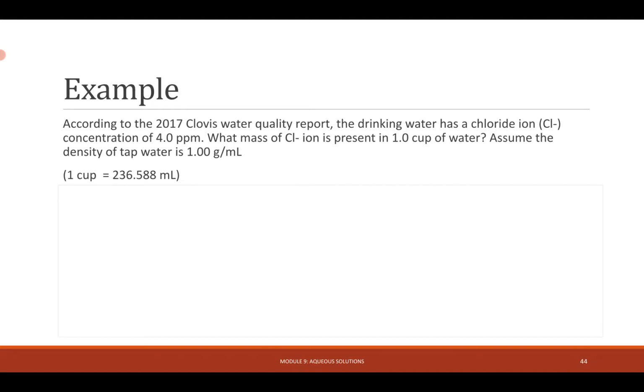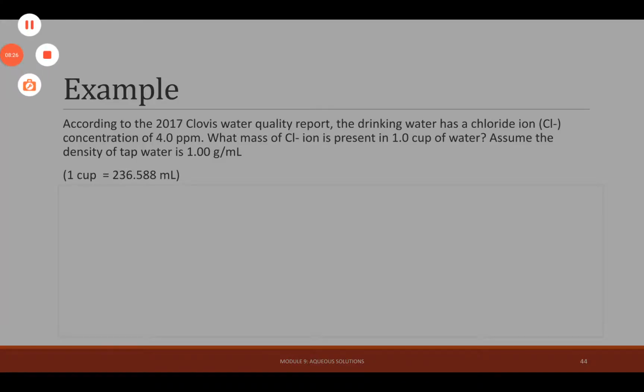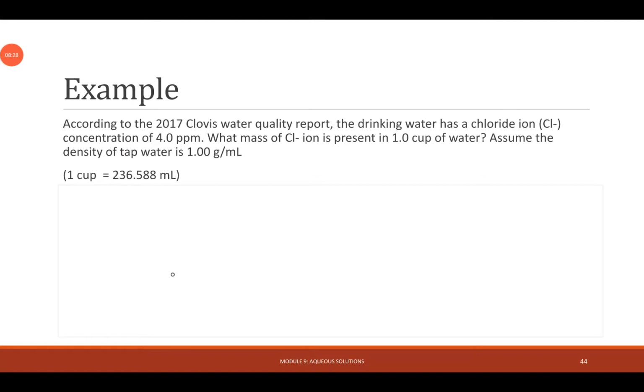Let's go through another example problem. In this example problem, it says, according to the 2017 Clovis Water Quality Report, the drinking water has a chloride concentration of 4 parts per million. So I'm given parts per million, and I'm going to pull that out and rewrite it in such a way where I can write it like a conversion factor, because I'm given it in the problem.